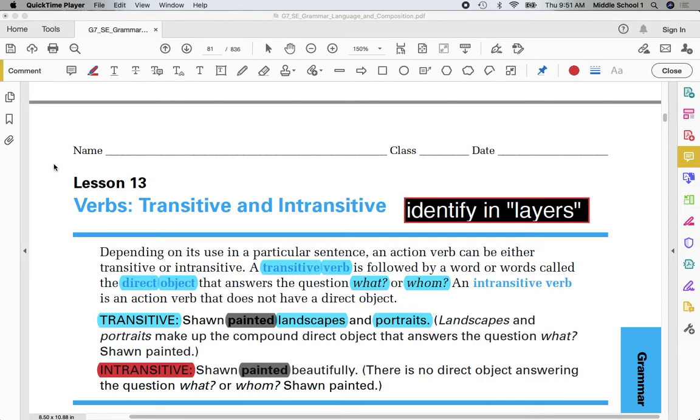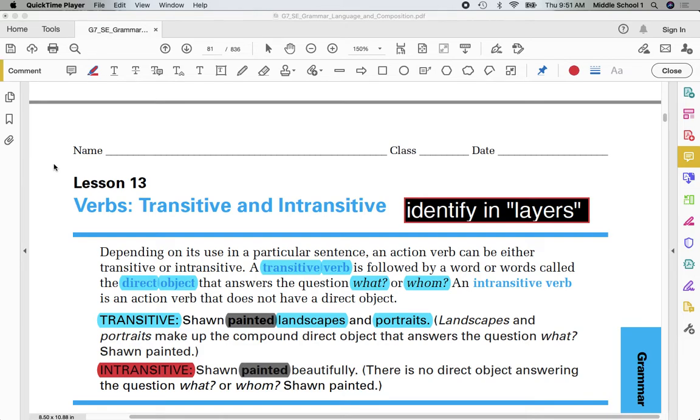It answers the question what or whom. There's going to be a noun that follows the verb, answering the question what or whom, and we'll call it transitive. Intransitive means it does not. It does not have a direct object.